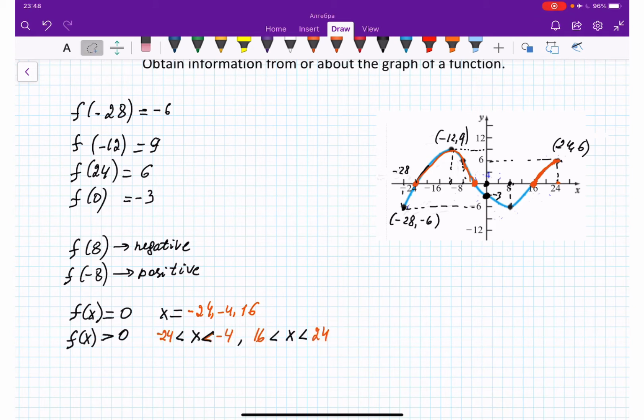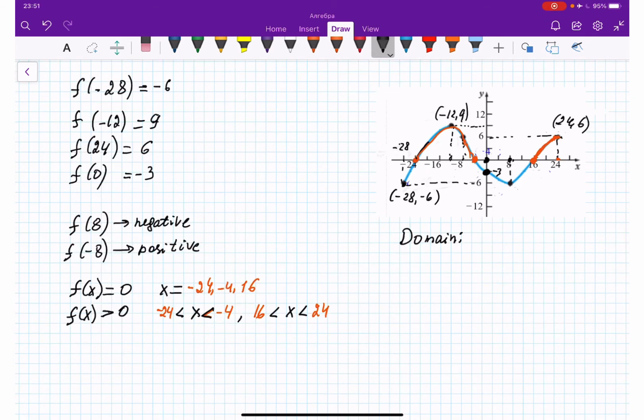Next one, what is the domain of f? All right. The domain, it's a value of x, obviously. So let me write down. And it's going to be domain. So this is the beginning, this is the end, right? The value of x here, negative 28, and value of x at positive 24.